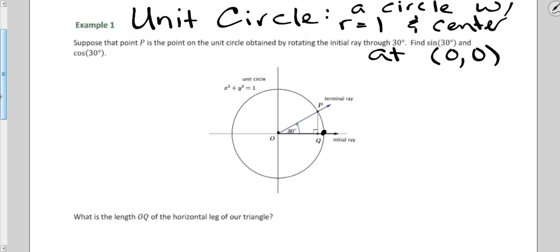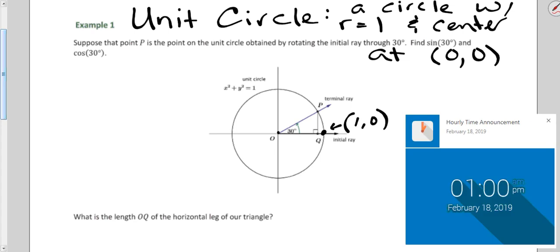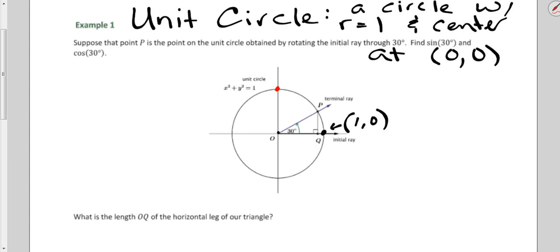No, it's xy, not yx. 1, 0. This point right here is 1, 0. What's this point right here? The red one. What's that point right there, Jordan?